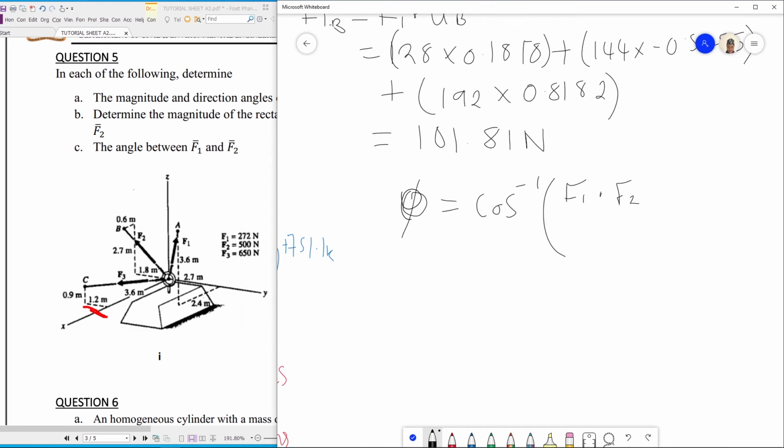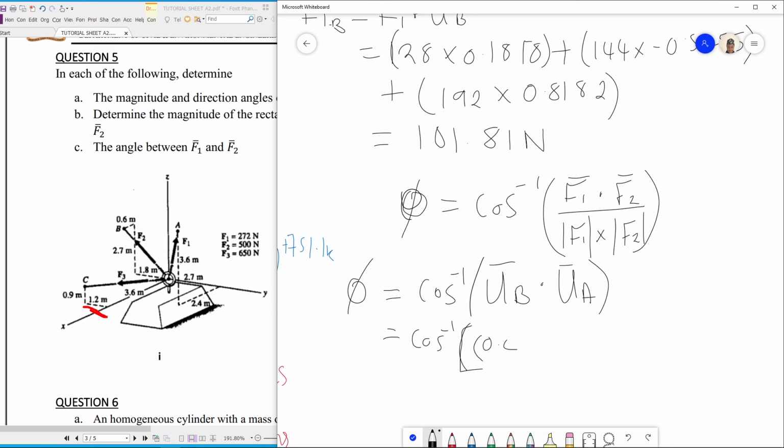So phi is equal to cos inverse of the dot product of UB dot UA, meaning the unit vector in the direction of B and the unit vector in the direction of A. So this is equal to the cos inverse of, let this be square brackets, then you have, no, that was UA, but I've already started with UB, so let me go with UB.